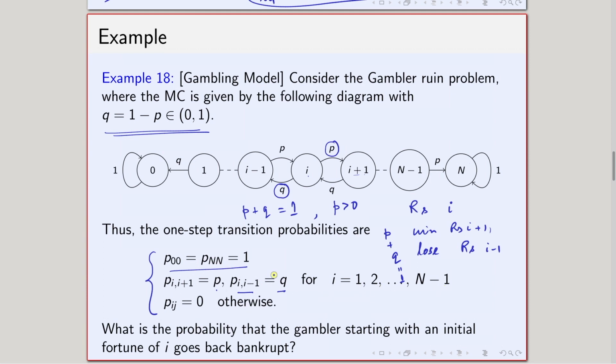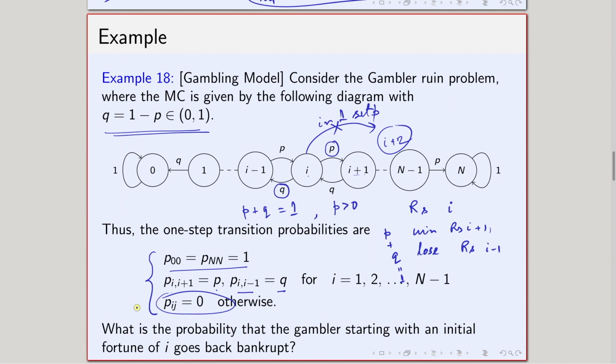And for any other pij it is 0. From I I cannot go to maybe I plus 2 in one step. So all the other pij's are 0 in this case.